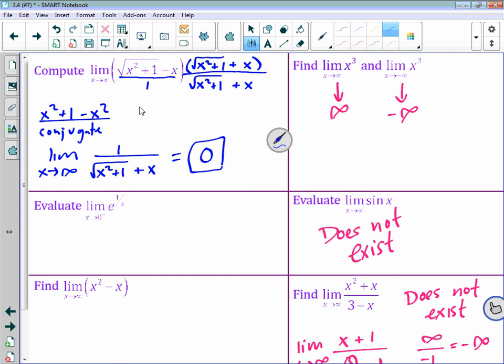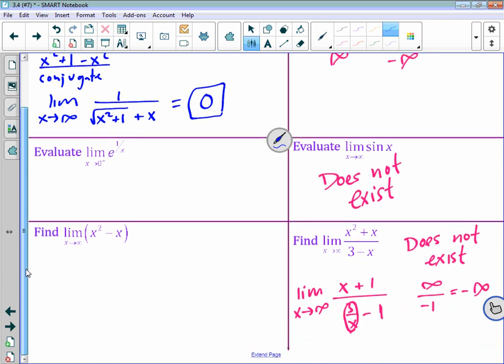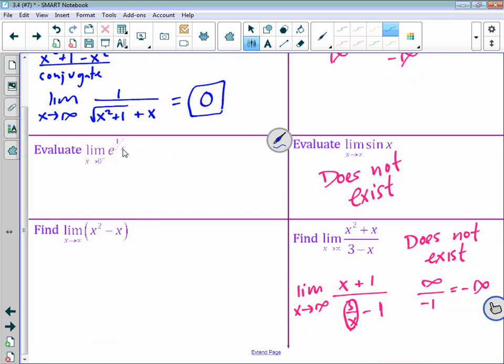Okay, this next one we're approaching 0 from the left. It's kind of hard to see up there. What is happening to this as I approach 0 from the left? So I'm going to get 1 over, obviously, a small what? Positive or negative?